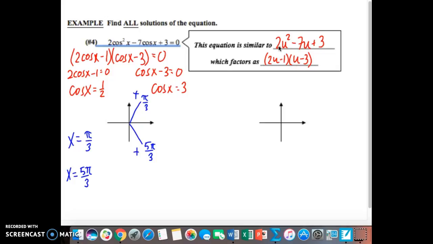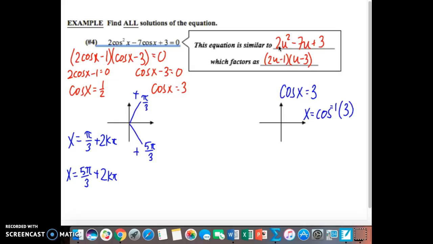Since cosine's period is 2 pi, we just have to add 2k pi to both of our solutions. So x equals pi over 3 plus 2k pi, and x equals 5 pi over 3 plus 2k pi are our solutions for the first part. Now looking at cosine of x equals 3, if we were to solve for x, this would be x equals cosine inverse of 3.